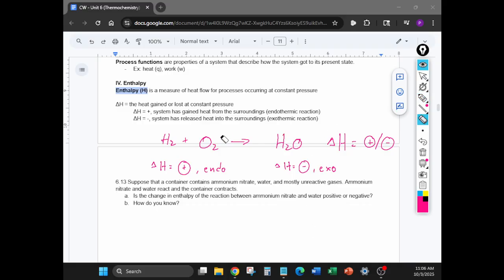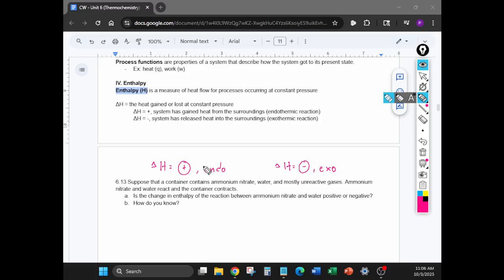Okay, now there's a couple other things that we can add on to this just to help us understand it a little bit better. So if its delta H is positive, that means the system absorbs energy, right? It's basically taking energy away from the things around it. Let's say that you are holding this chemical reaction in your hand.